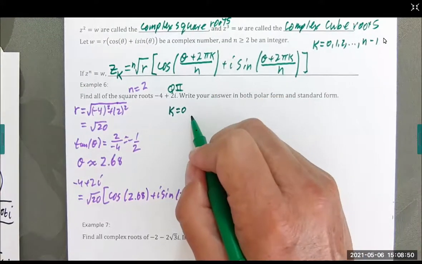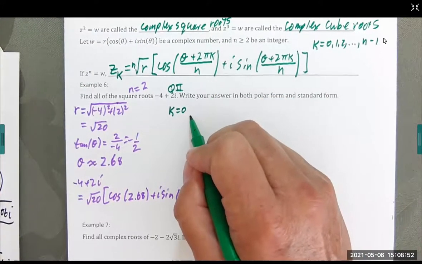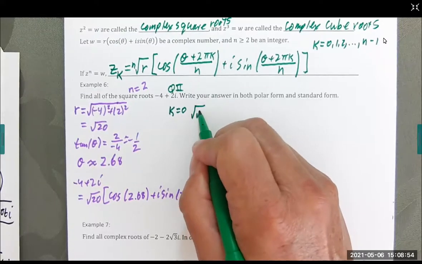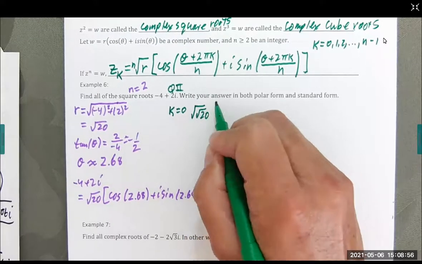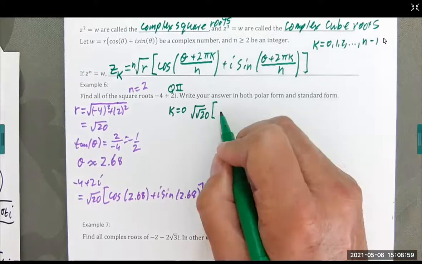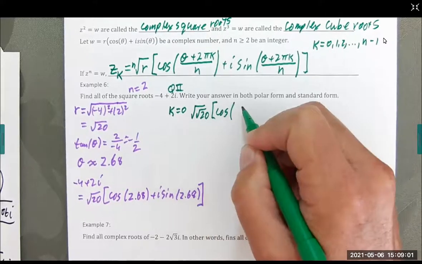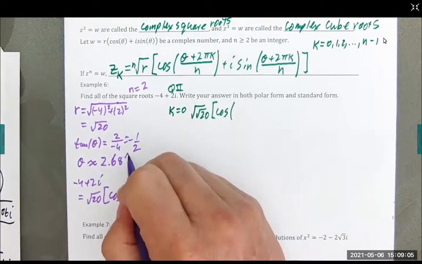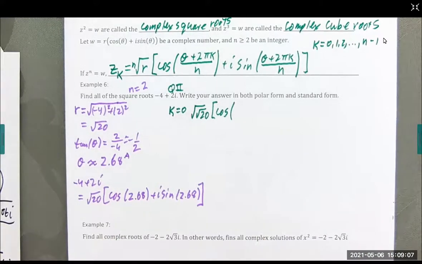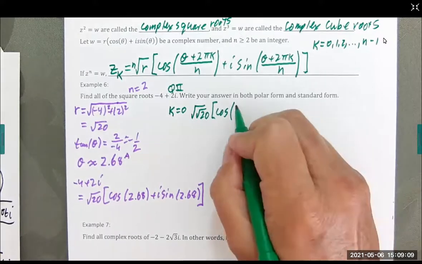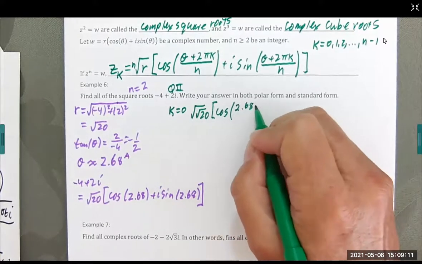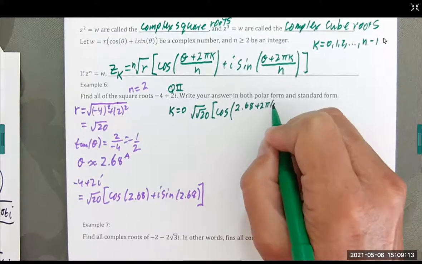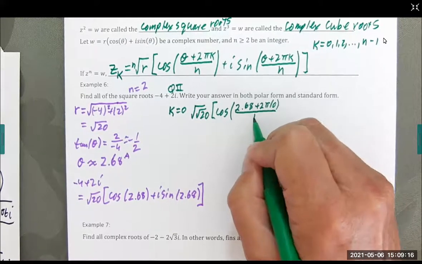So we have the square root of the square root of 20. I'll come back to that. The cosine of theta, 2.68. Of course, I start this off in A. I will use my memory A, that way I get all the digits. 2.68 plus 2 pi times 0, all over n, which is 2 in this case.